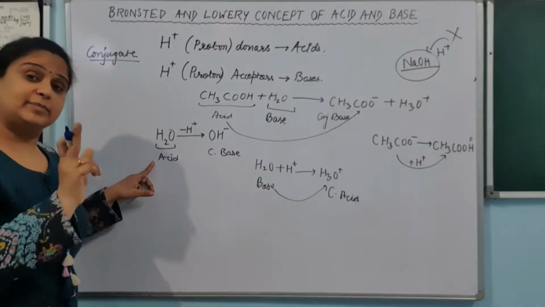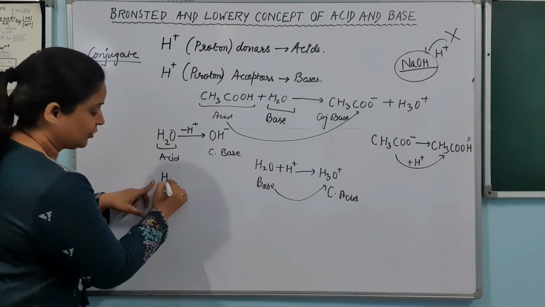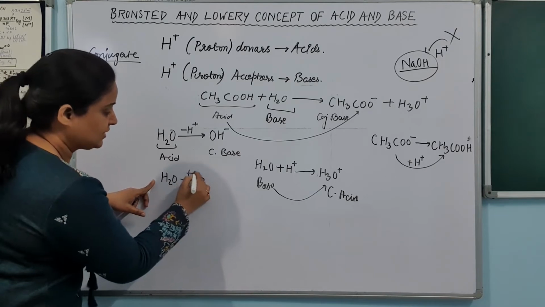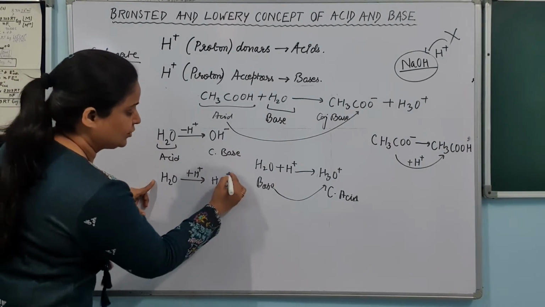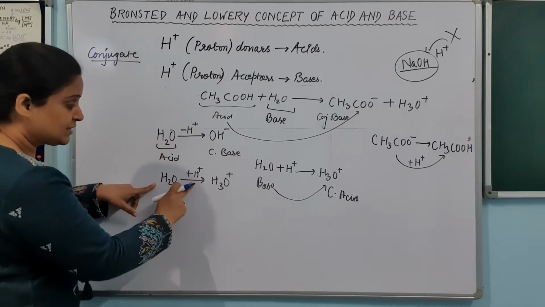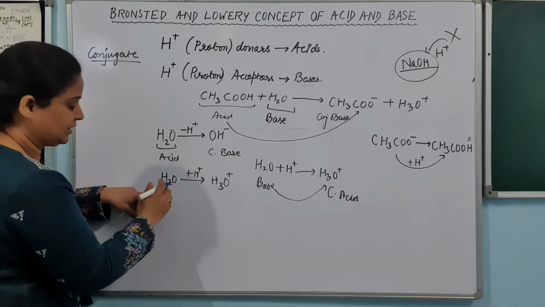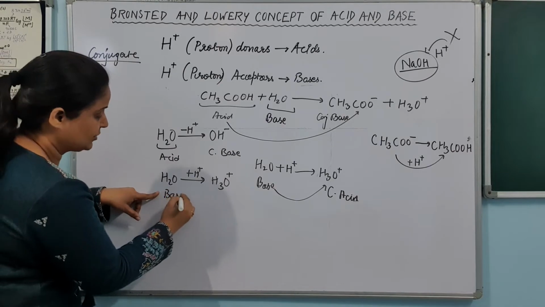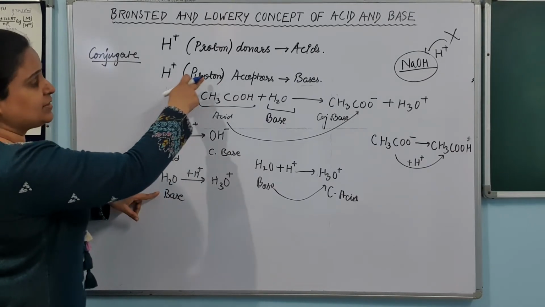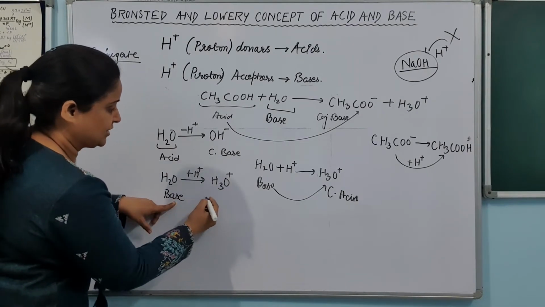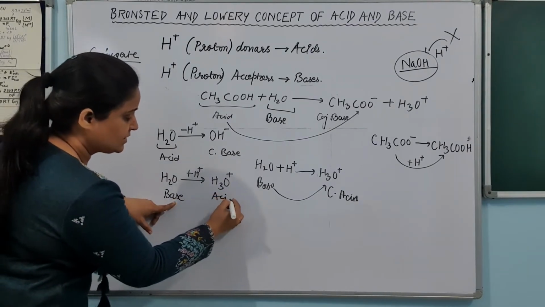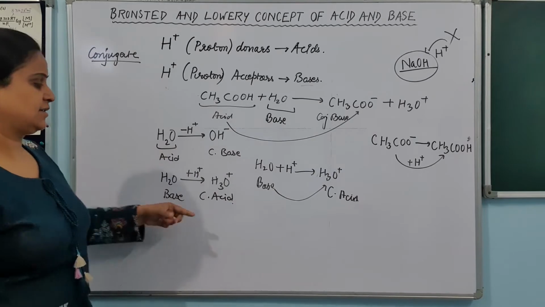But water can behave in another way also. Water can accept the H plus ion also, and in that case, what will be formed? H3O plus. Just because it is accepting the proton here, it is a base because according to Bronsted and Lowry concept, acceptors are bases. तो जब ये base है, तो after the acceptance, it will become acid. So this is the conjugate acid of this water.